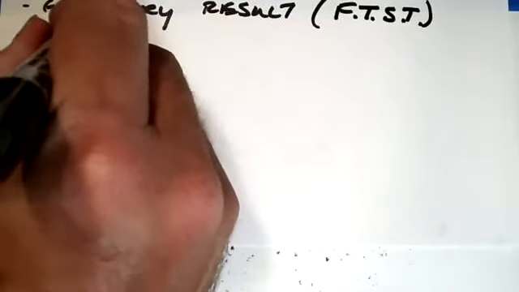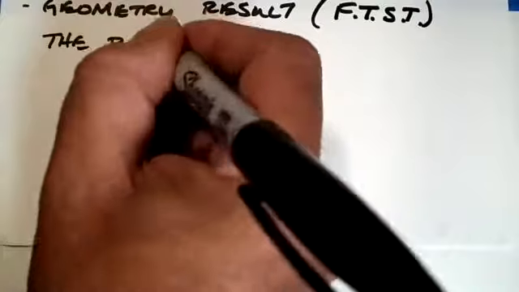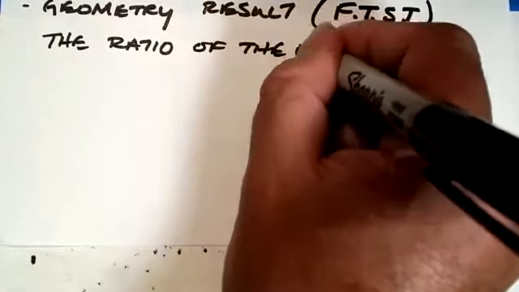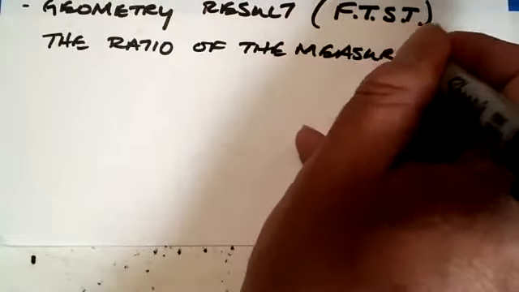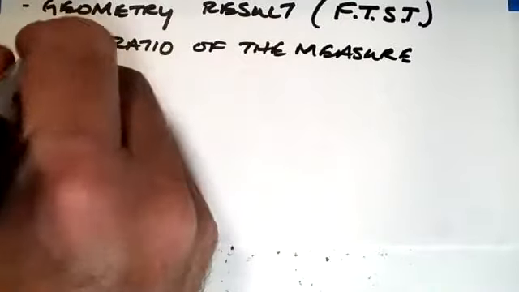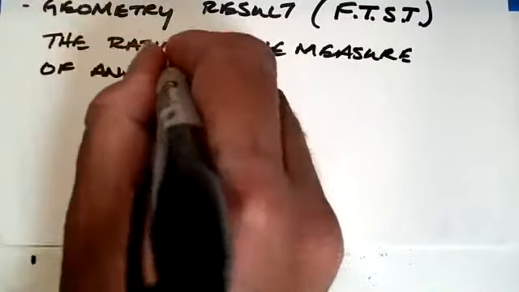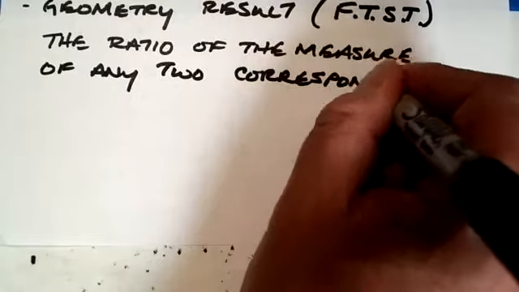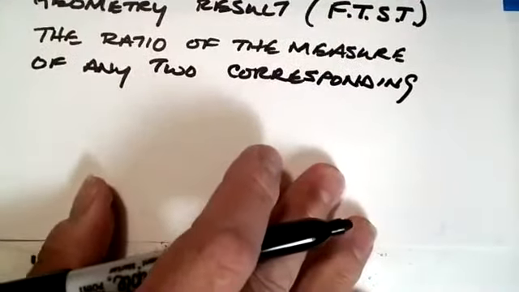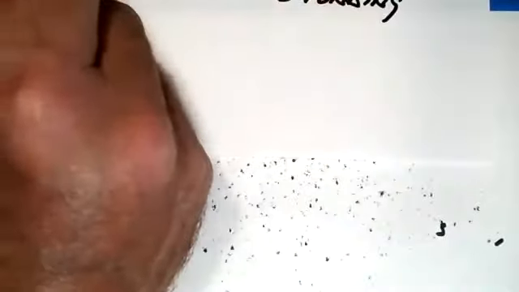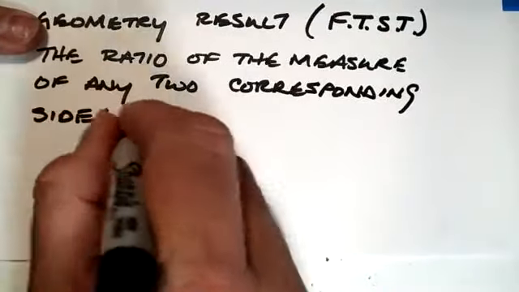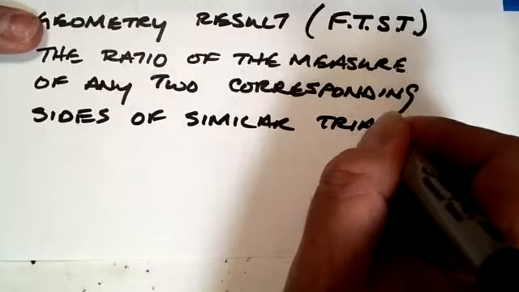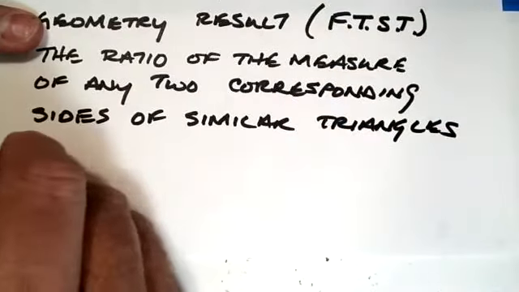So here's the statement. The ratio of the measure of any two corresponding sides of similar triangles is equal.